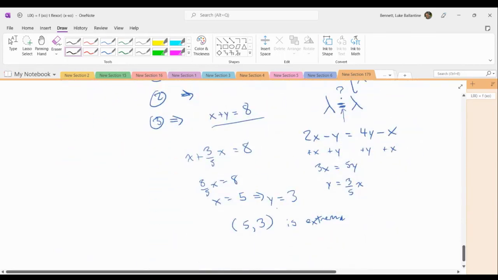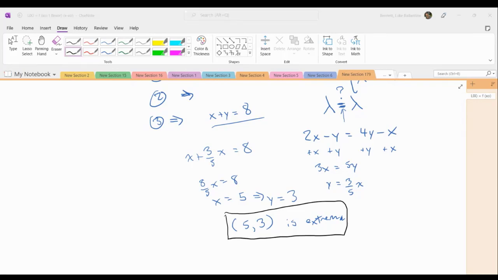But apparently it occurs at (5, 3). Since this is close to the origin, it implies that our function f is minimized. So that's what I would say about that. I don't know if that's super rigorous, but of course, on your exam, you should do the neighborhood analysis.